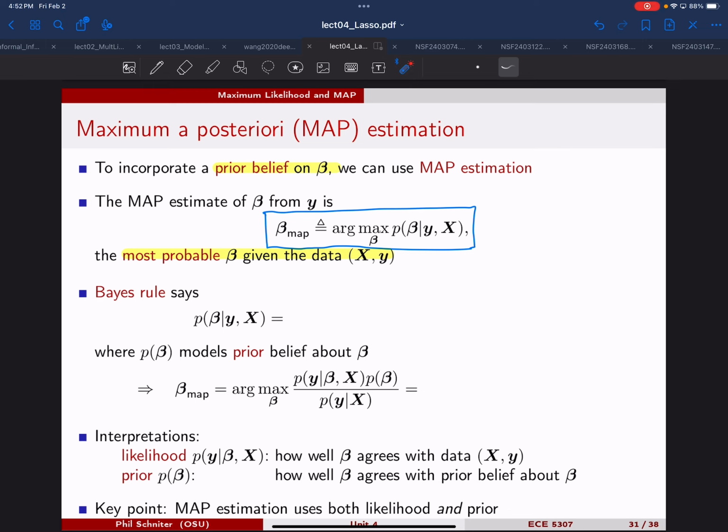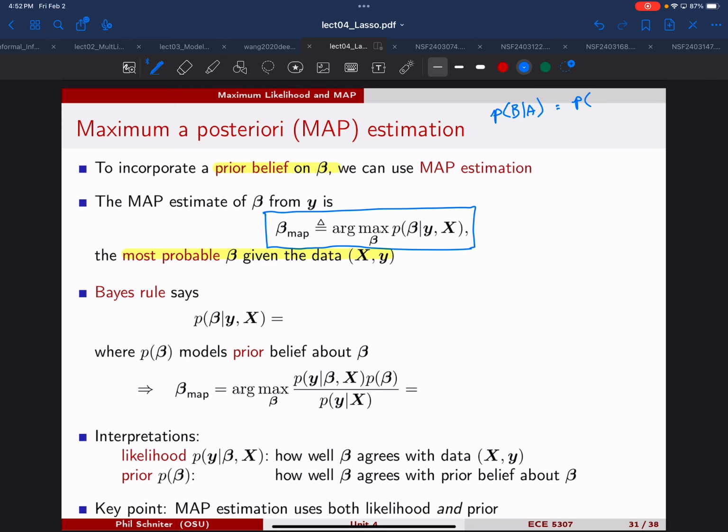The way that we use this is we use an important relationship called Bayes' rule. Let me first write it in a simpler way. If you have two random variables, b and a, and you have this conditional probability b given a, and for whatever reason that's hard to formulate, but a given b is easy to formulate, there's a way to swap the order of the conditioning, and that's what Bayes' rule does.